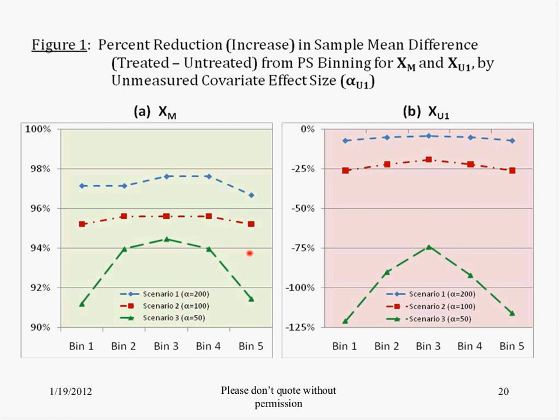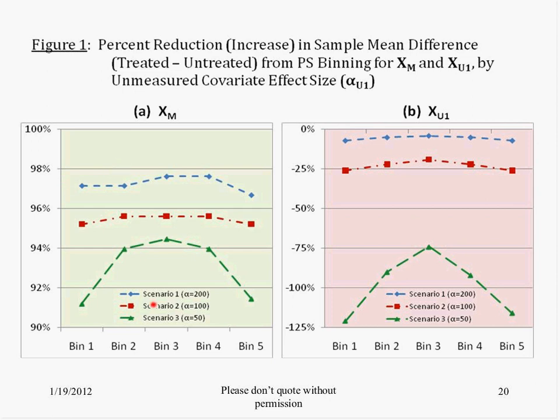by the unmeasured covariate effect size. What's varying here is this alpha value down here as we move across scenarios. Alpha 1 is, I want to make sure I got this right, scenario 1, in which the unmeasured covariates have a lot more variation. They're a lot stronger with respect to moving treatment valuation around.